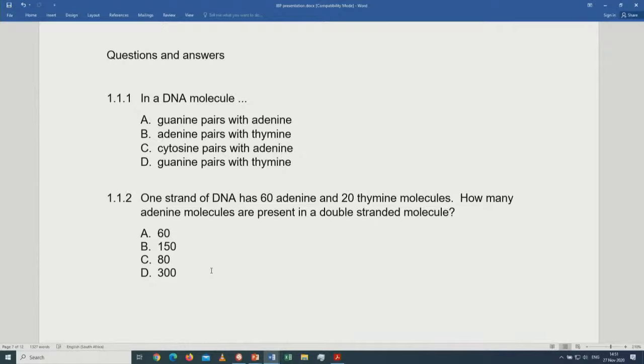Now we know that in the double-stranded molecule, the ratio of adenine to thymine is 1:1. Wherever there's adenine, there will be thymine, and wherever there's thymine, there will be adenine. So if you have 60 adenines, it means the other strand will have 60 thymines.